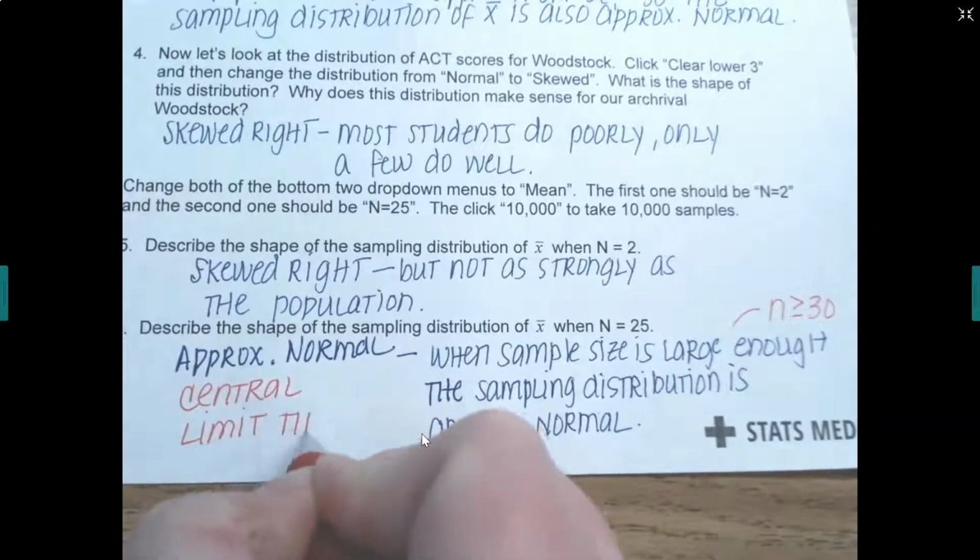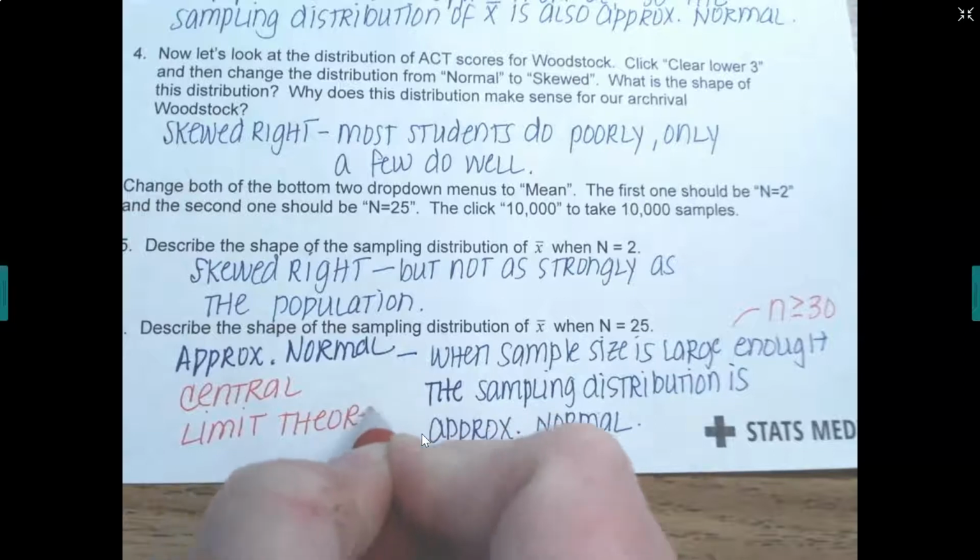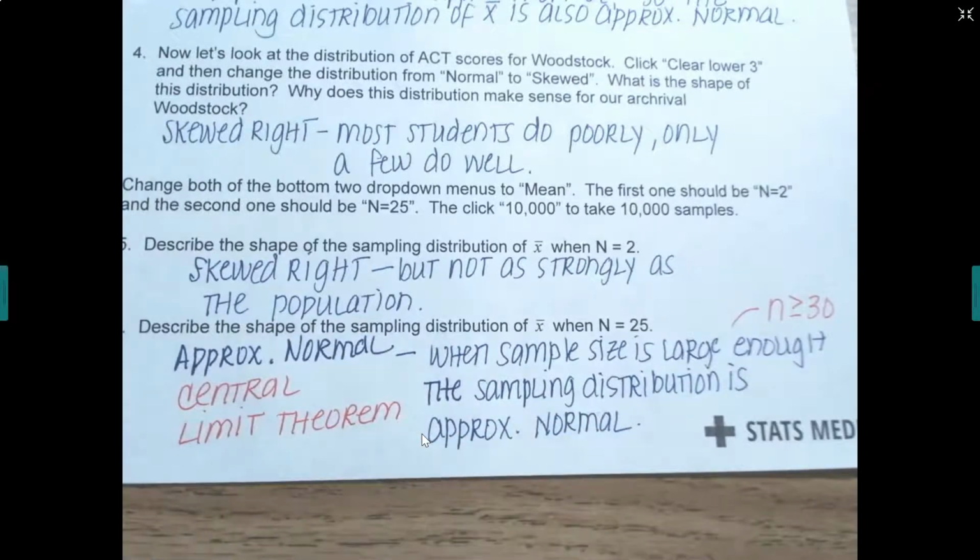So there are conditions that we have to prove. Remember when we were doing the sampling distribution of X bar in the previous video, when we were finding the standard deviation of the sample, in order to use that standard deviation formula, your 10% condition must be met. That was one of the conditions we have to check.